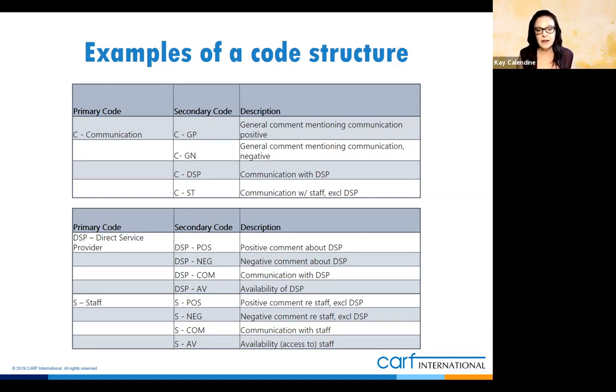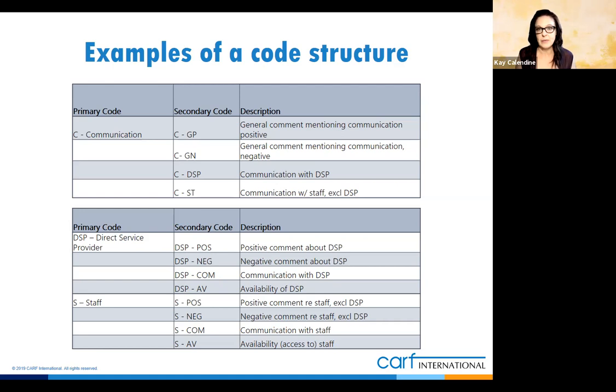Within that, we've got positive comment about direct service provider, negative comment, communication with them. So within the direct service providers codes, we would wrap up everything that we want to talk about the direct service provider. Maybe their availability, that kind of thing.